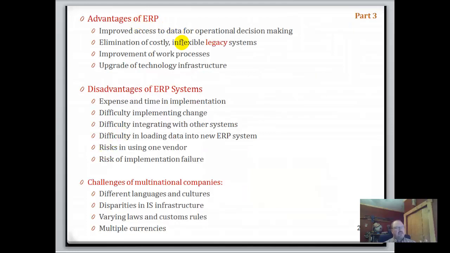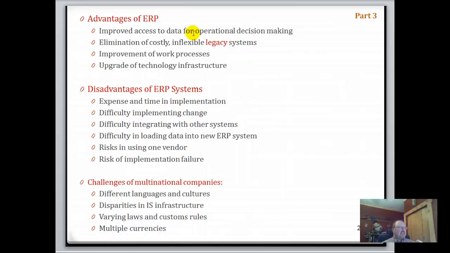Now, advantages of this ERP. Just think about this big single software solution like Banner, the student information system, which runs, again, financial aid, admissions, HR, all of this. The advantages: improved access to data for operational decision making, because you've got all this data in one piece. You can grab all of it, you can manipulate it, you can pull special reports, so that works really well.